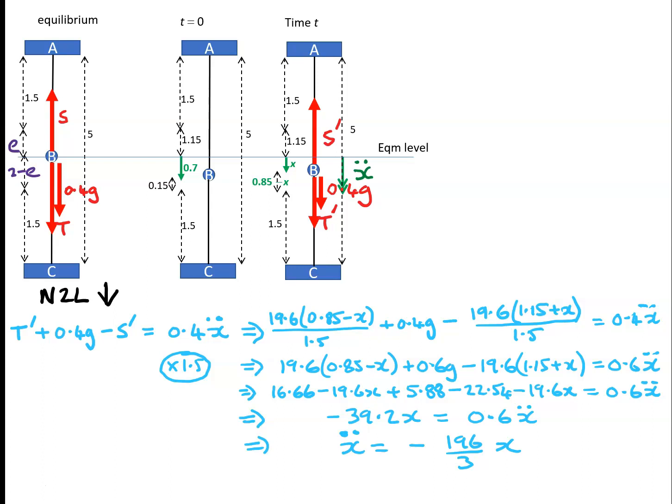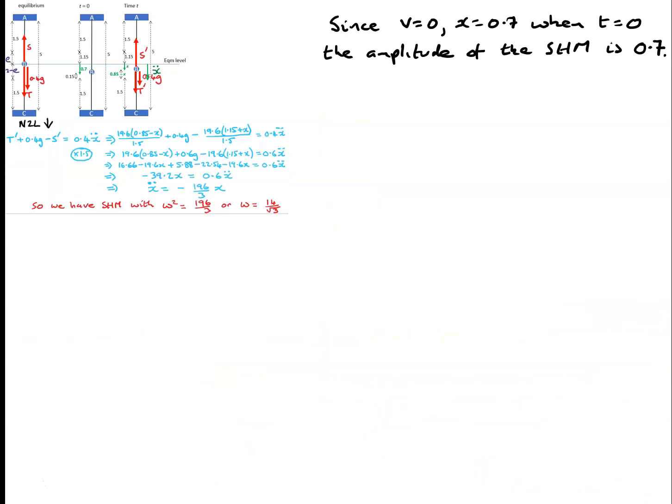So we've got the SHM equation with omega squared equals 196 divided by 3. Or if you like, that means that omega is 14 divided by root 3. Since v equals 0 and x is 0.7 when t equals 0, that's telling me that I'm at an extreme position of the SHM because v equals 0 and that the amplitude of the motion is 0.7 meters.